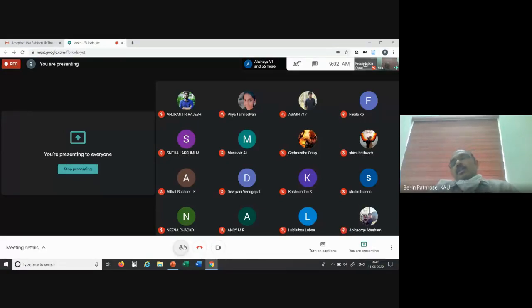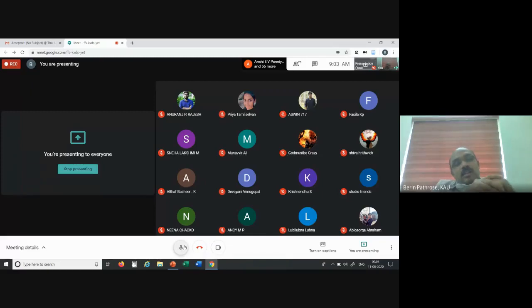Yesterday, by the end of the class, there was a doubt regarding flabellate antenna, and I avoided two types of antenna. These two types are modifications of some of the antenna types which you were told. Flabellate is a modification of our lamellate antenna, wherein there are lateral expansions of the terminal segments of the antenna.